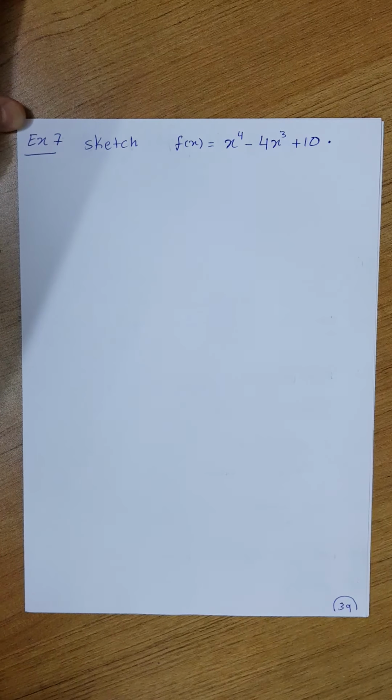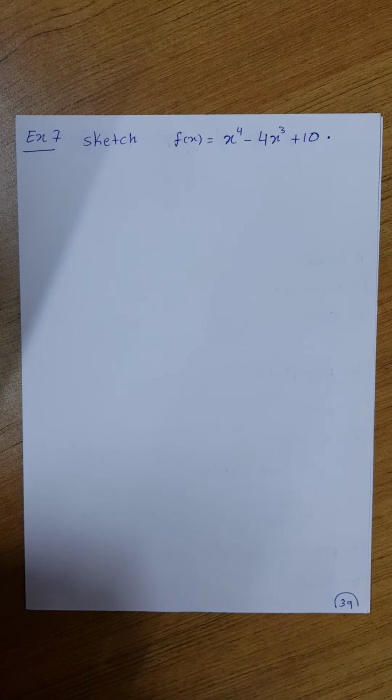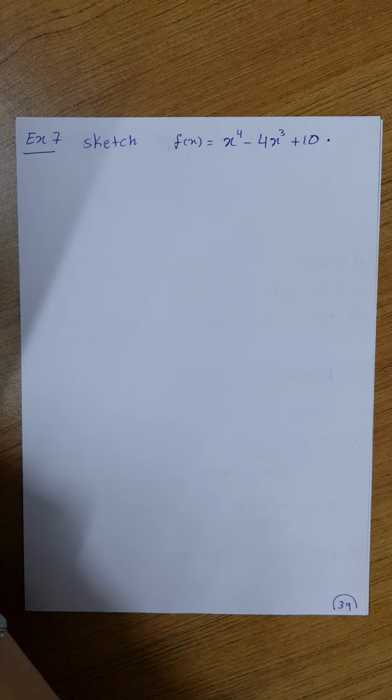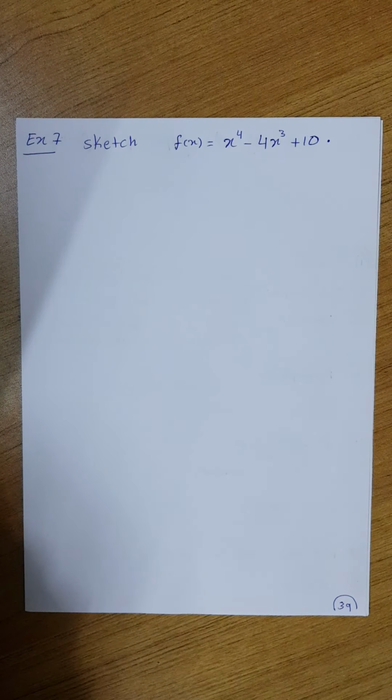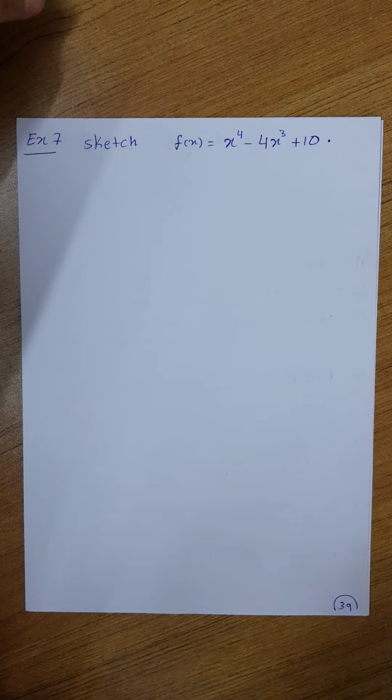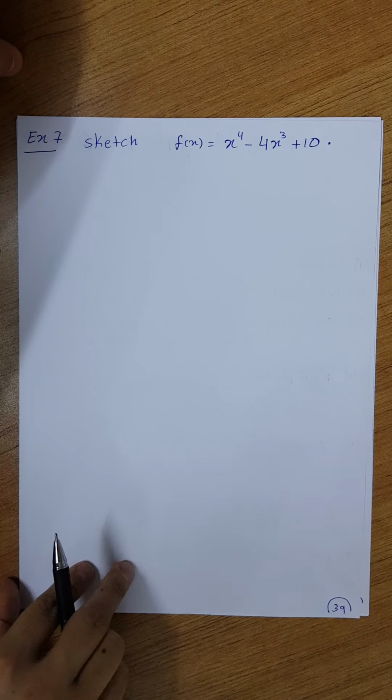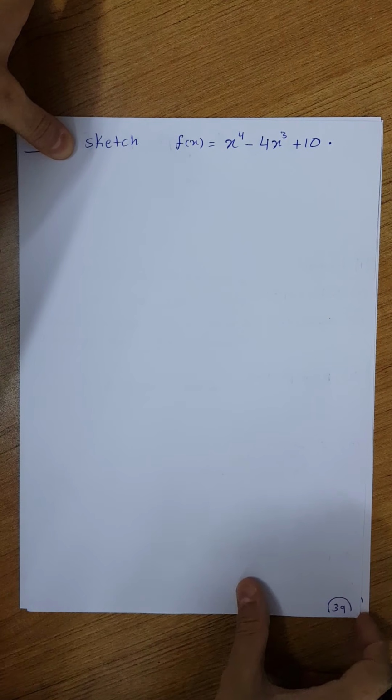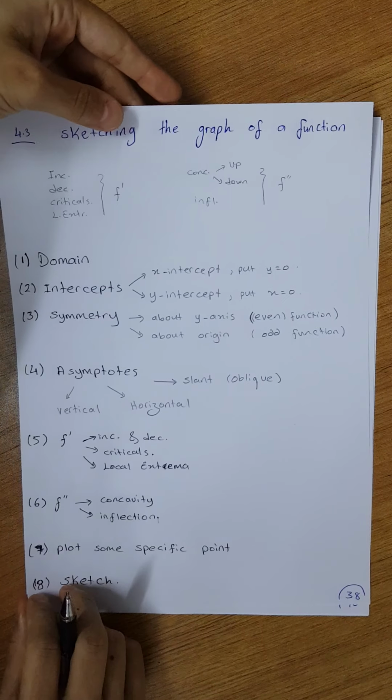So the function given to us is x to the power of 4 minus 4x to the power of 3 plus 10. We have to find all those things on the function. Then we can sketch the graph of the function.